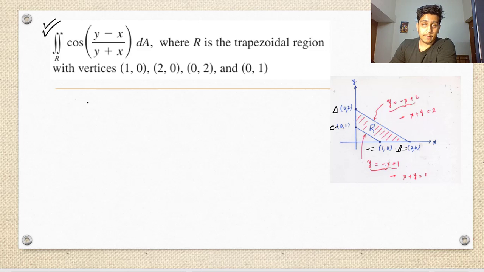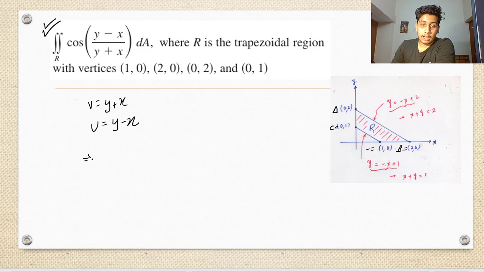Let's say v equals y plus x and u equals y minus x. By doing this, we'll be forming an alternative plane. Further, let's solve this equation.